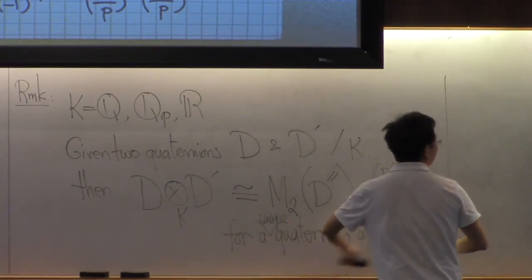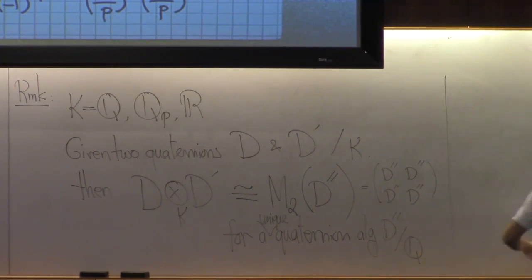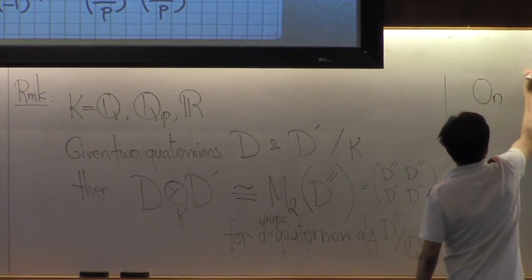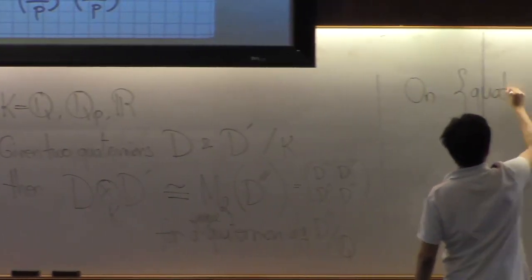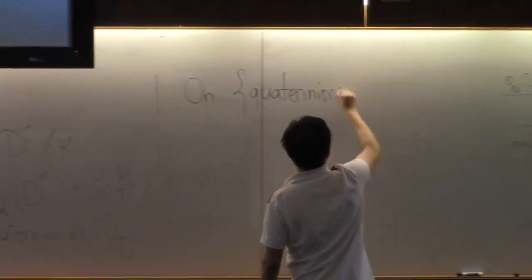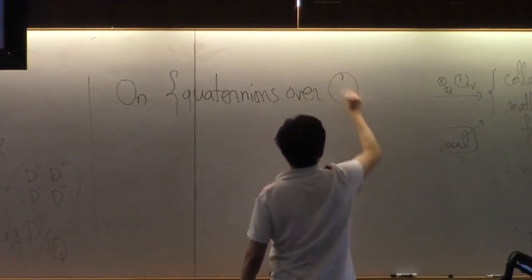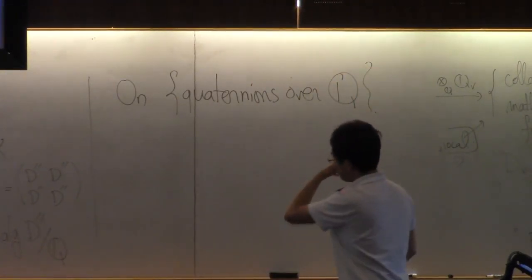Now, what you just say is, on this set of all the quaternions over Q, there's a group structure.